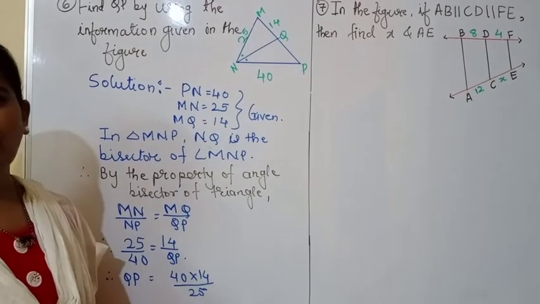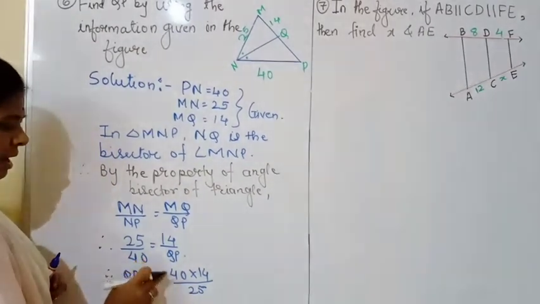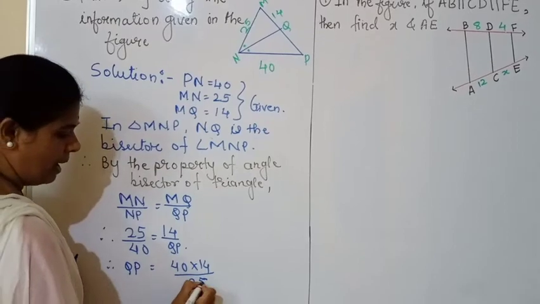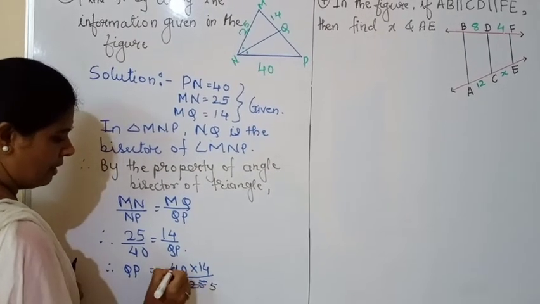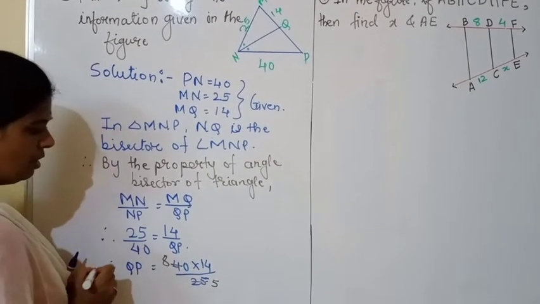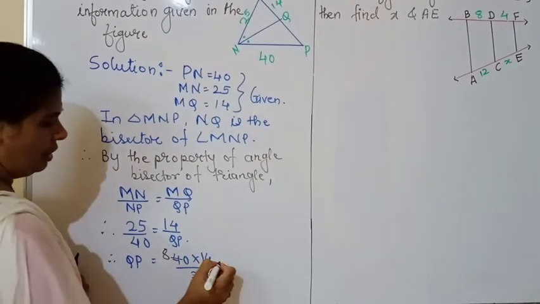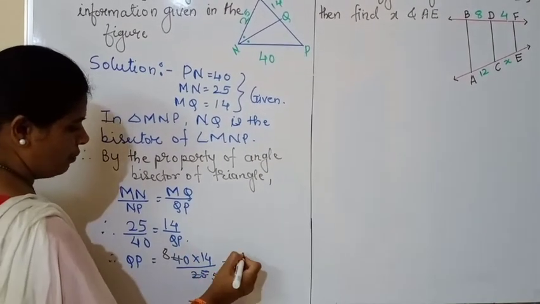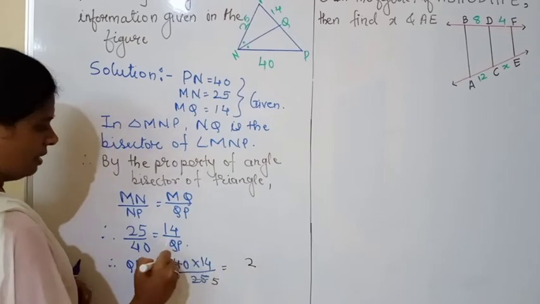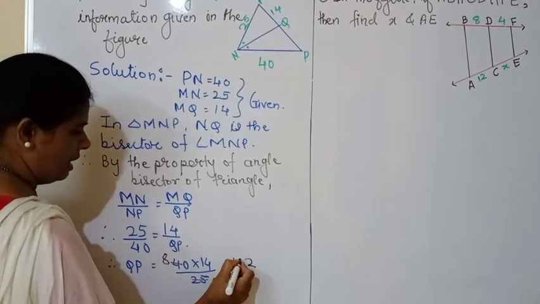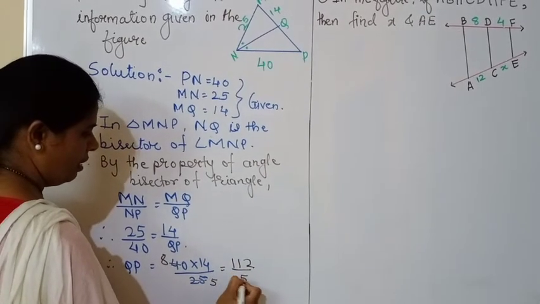Now we will divide. 40 and 25 we can divide by 5. 5 5s are 25, 5 8s are 40. Now 14 into 8: 8 4s are 32, 3 carry, 8 1s are 8, plus 3 is 11. So 112 divided by 5.